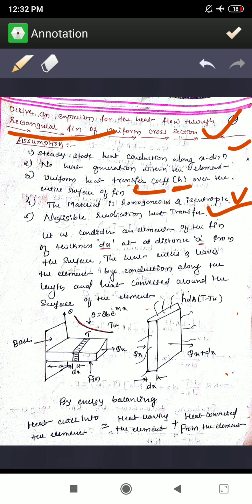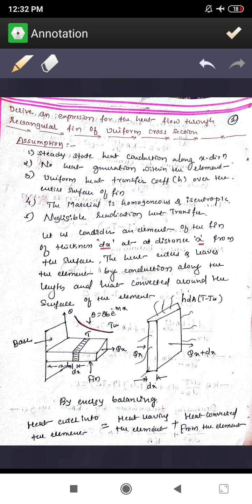These assumptions indicate that there are two modes of heat transfer, conduction and convection. There is no radiation heat transfer, so we can neglect it. So these are the five assumptions.